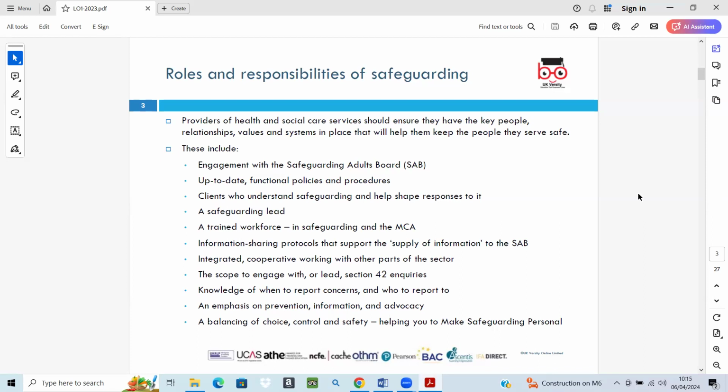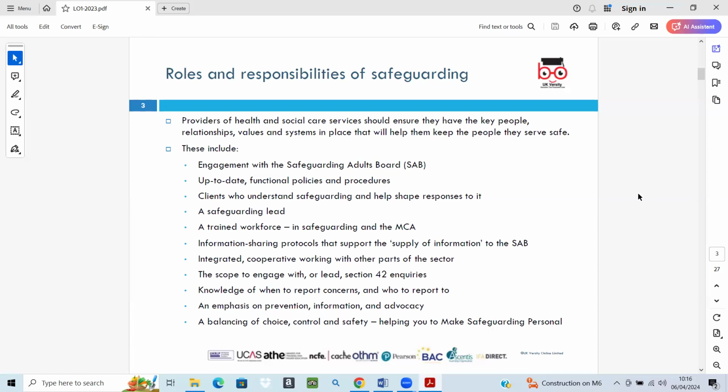And we can say that clients who understand safeguarding can help shape responses to it. It's crucial that clients are informed about their rights and what safeguarding means. They should be involved in shaping how safeguarding responses are developed and implemented. So we need to include the service user or the client as well.